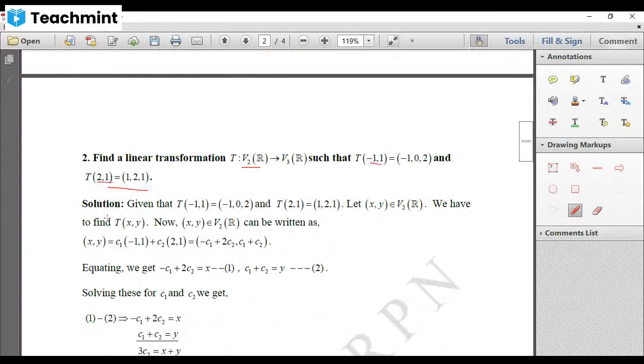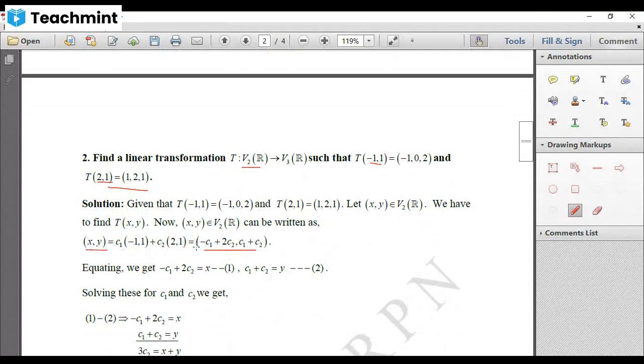So you have to express the ordered pair X, Y as C1 into (-1, 1) plus C2 into (2, 1), as we did in the earlier problem. Multiply them: minus C1 plus 2C2, that is your X coordinate, comma, 1 into C1 is C1 plus C2 into 1 is C2. So we got this ordered pair equal to X, Y.